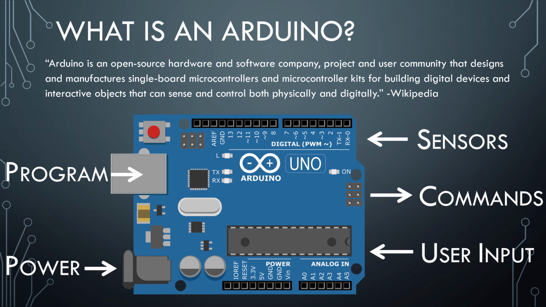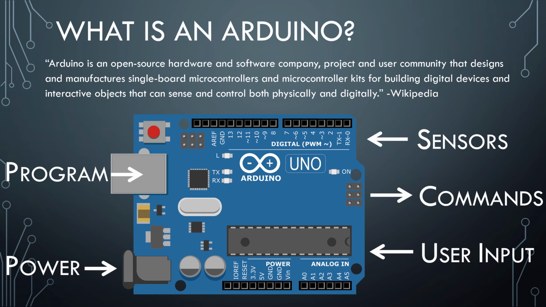So if I have a temperature sensor or a light sensor, I could read the values from the sensors into this controller, and then I can change how I'm commanding my different objects based on what I'm reading off my sensors. Now, you're also able to attach different user input devices, so switches or knobs, so that you can alter the way that the microcontroller behaves.